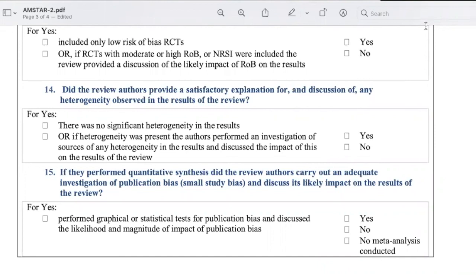The funnel plot needs to be done when more than 10 studies are included in each comparison. Again, sometimes authors of systematic reviews plan to do a funnel plot investigation of publication bias, but due to a small number of included studies, they are not allowed to.